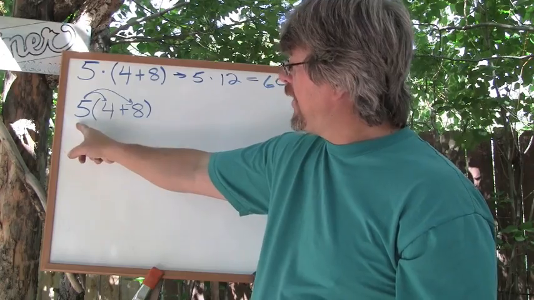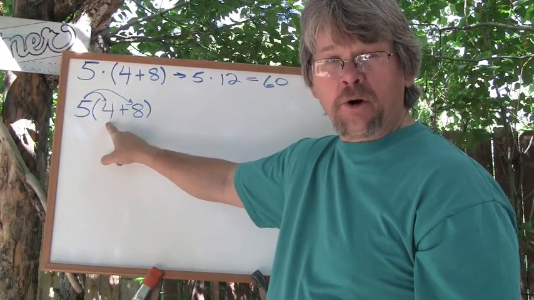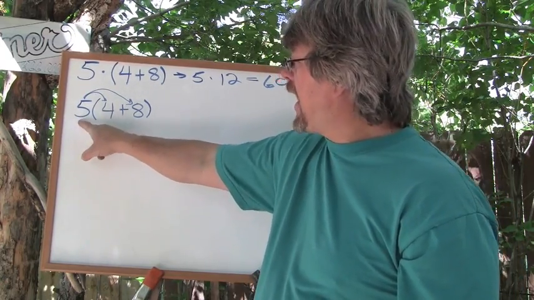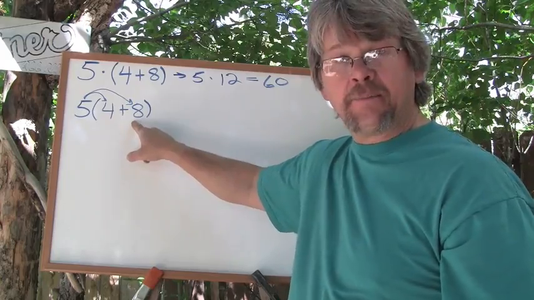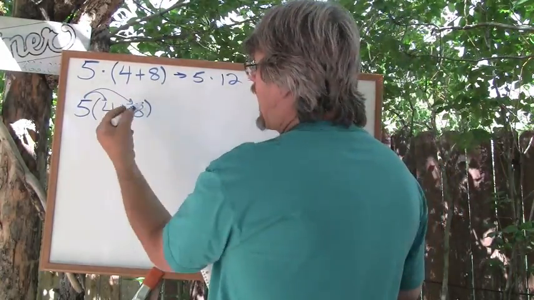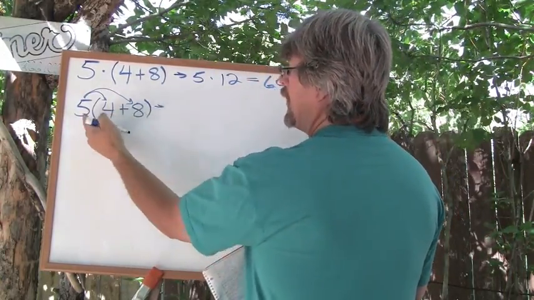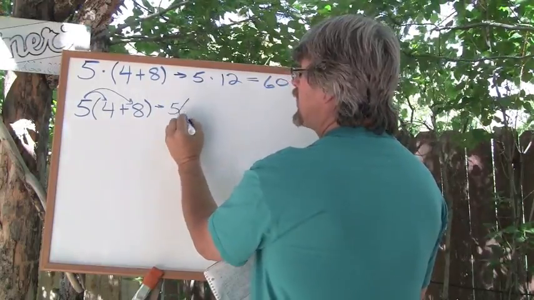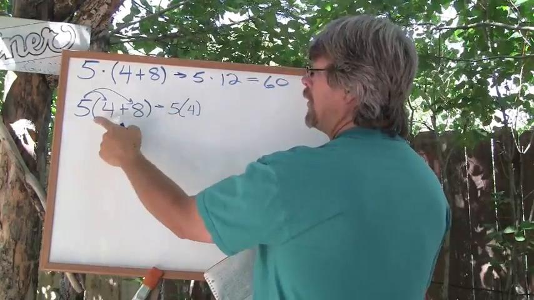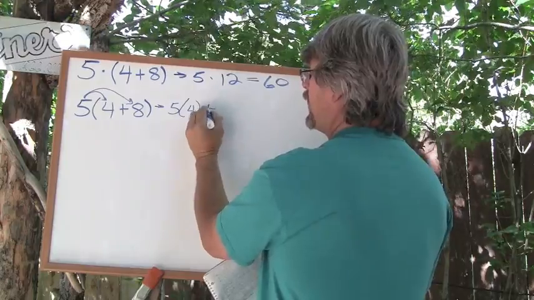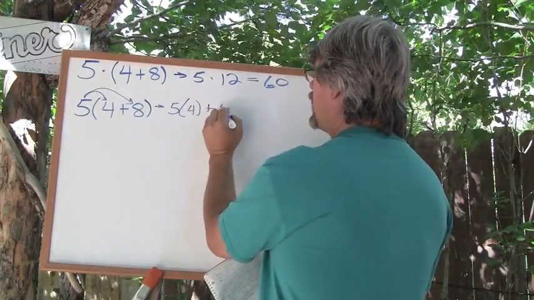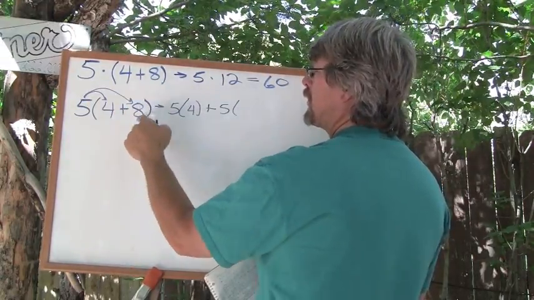We take the 5 and we distribute it to the 4, and then we take the 5 and we distribute it to the 8. So what this expression now means is 5 times 4 plus 5 times 8.